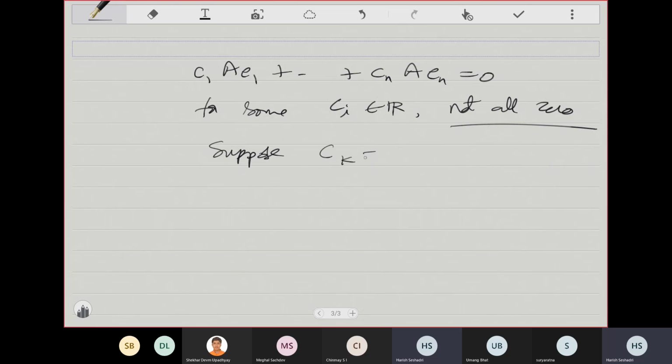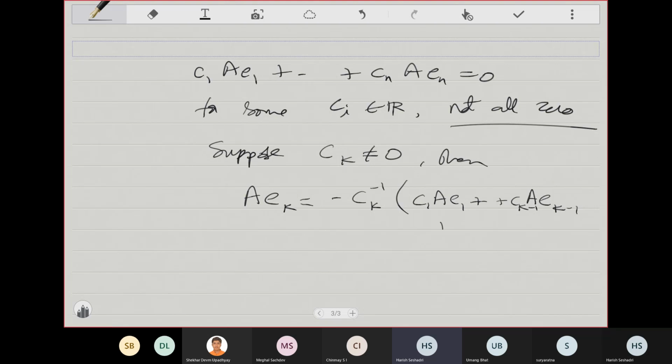Suppose Ck is not equal to 0. Then you just write that AEK would be minus Ck inverse times the sum of the others. So just write it as a linear combination of the others.